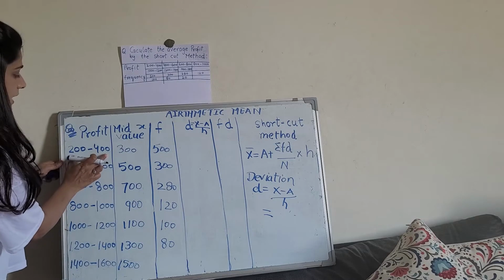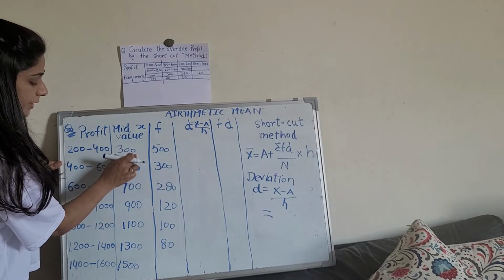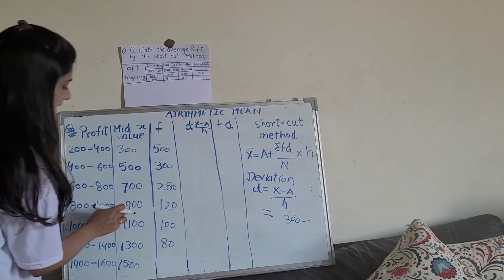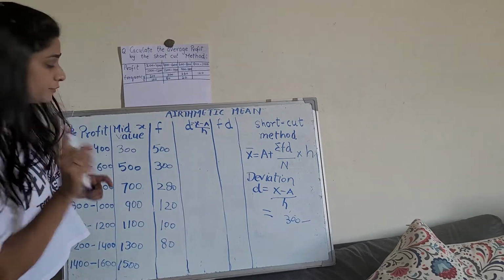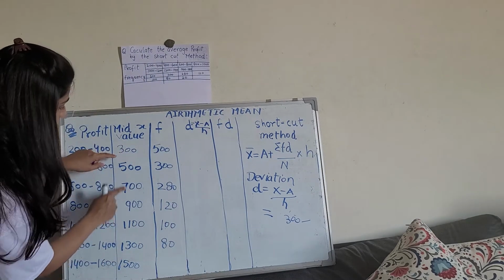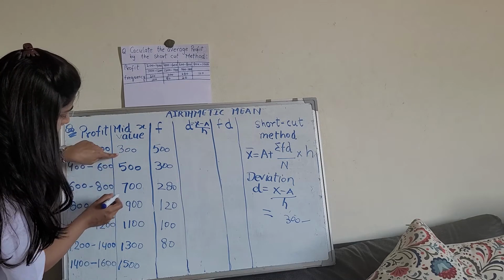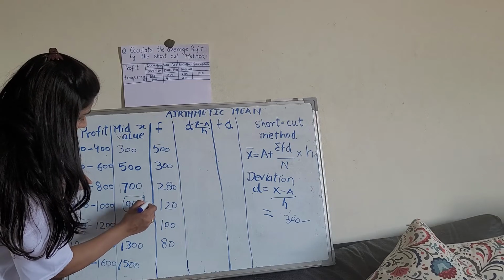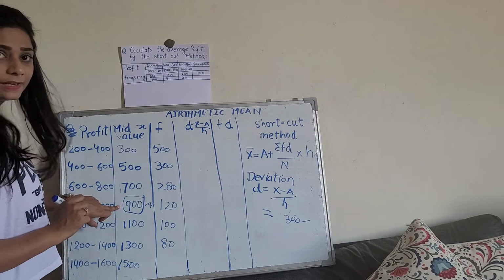So for the first class interval, x is 300. Minus a will be the same. A is the central value. Central value means midpoint. So if we remove 3 from up and 3 from down, we find the central value, a.